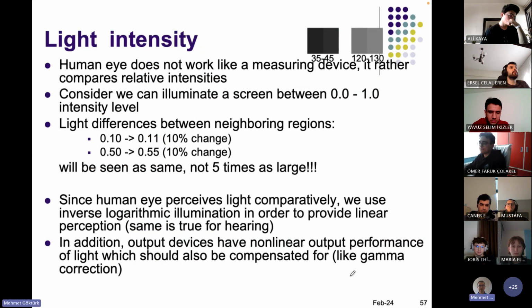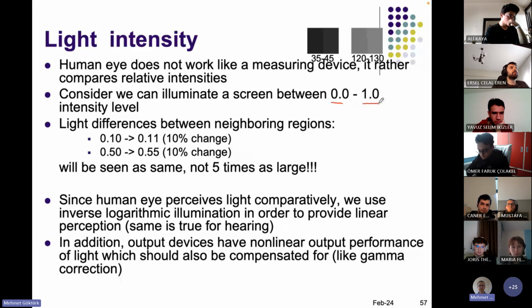Human eye doesn't work like a measuring device. It compares relative intensities. For example, consider we can illuminate the screen between 0 and 1. 0 means black, 1 means white, full intensity and 0 intensity.